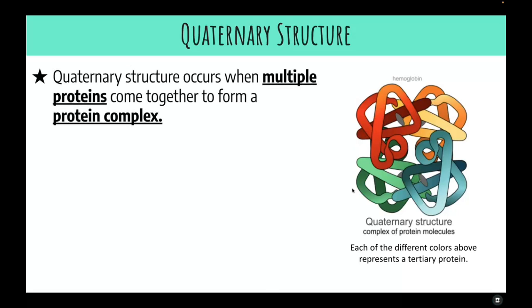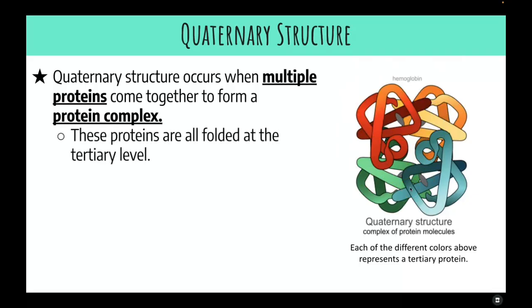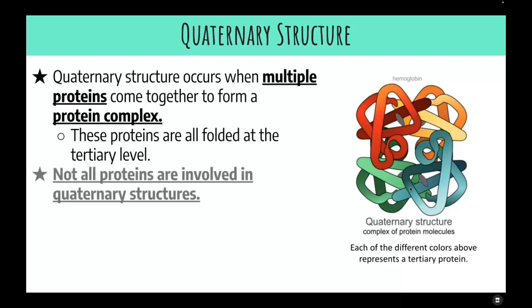Quaternary structure occurs when multiple proteins come together to form a protein complex. You can see all of this together, multiple proteins that came together. These proteins are all folded at the tertiary level.